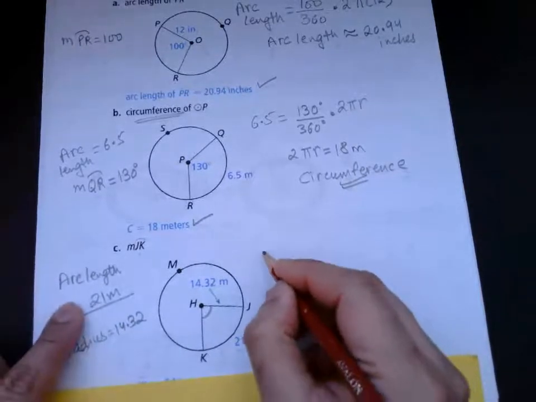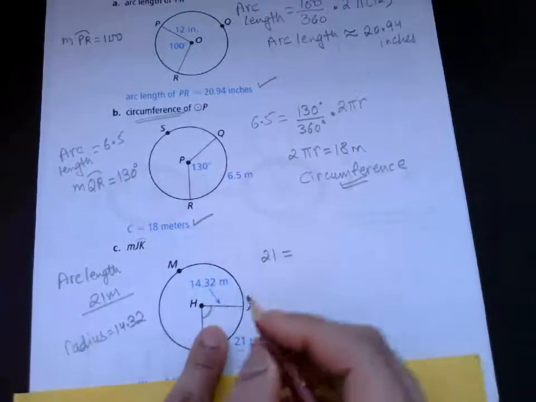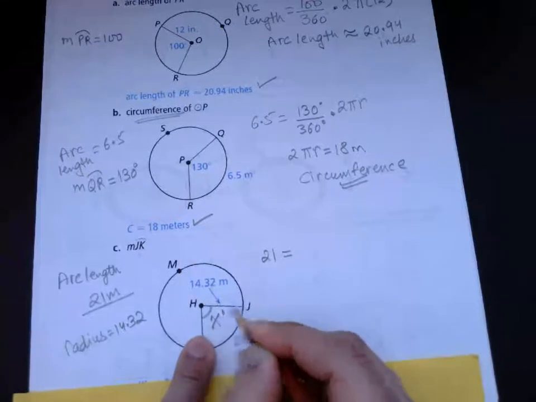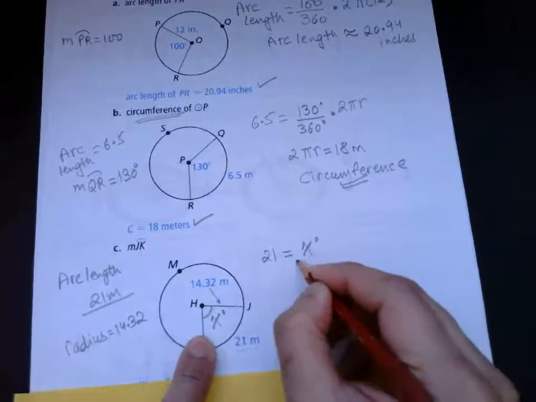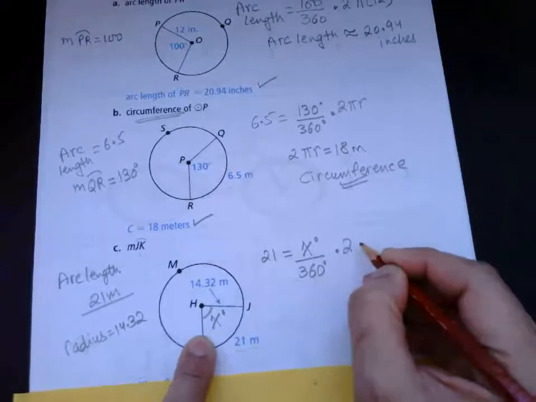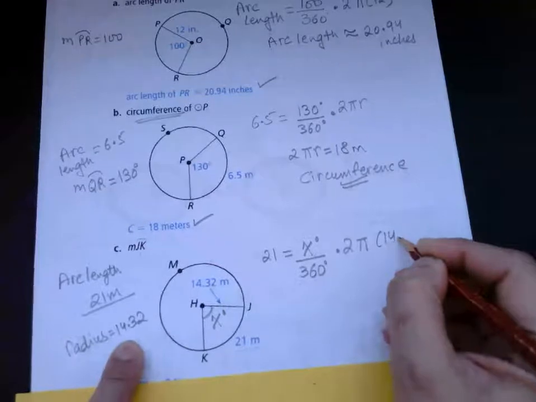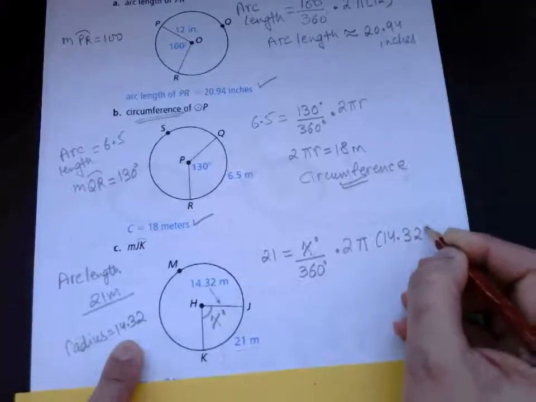So arc length should be equal to, I don't know about this, let's take it as x degrees. x degrees divided by 360 degrees times 2 pi, and radius is 14.32.